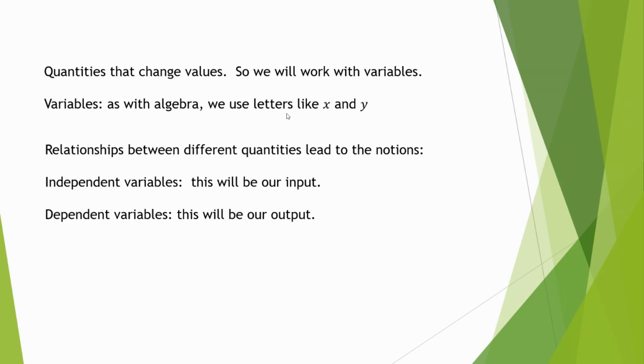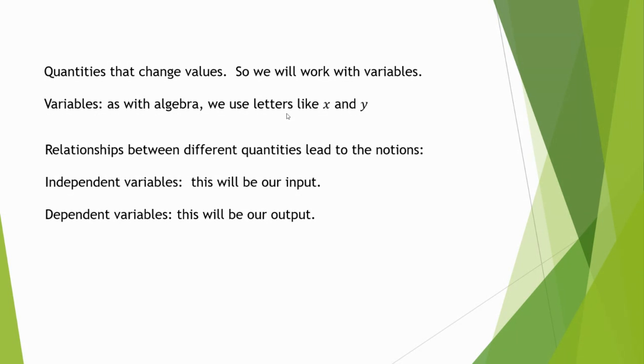You'll see later on that you could think of the functions we're going to deal with almost like a machine, where your input goes into the machine, like a computer, when you type on a keyboard. And then the computer will give you some kind of output.